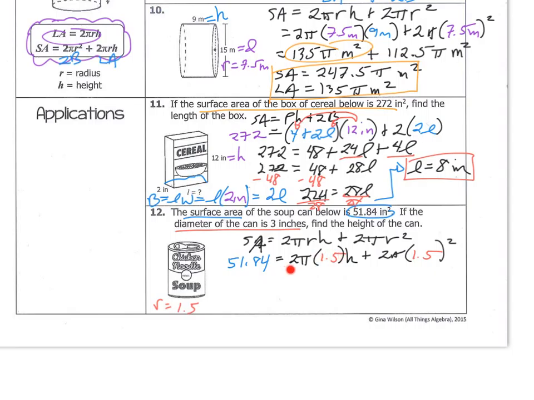Then you want to multiply the 2, the 1.5, the pi, and then get this over the other side by subtracting it, and then dividing by what's being multiplied to the h. Your final answer, just in case you're curious, your height is going to end up being 4 inches. So if you want to do that on your own later, you got 4 inches for that. Okay?